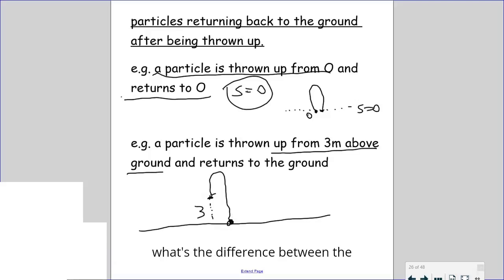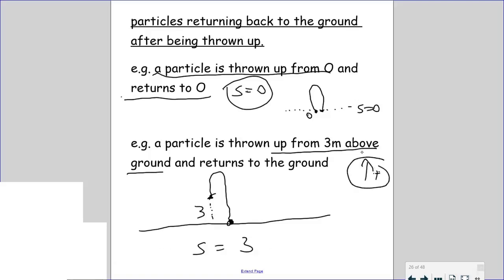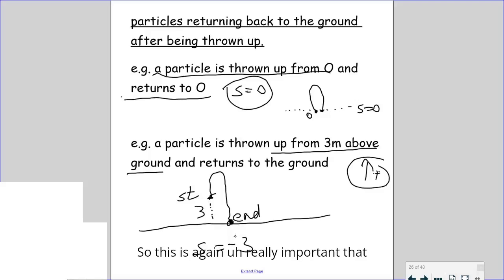What's the difference between the starting point and the ending point? Obviously, it's 3. We also need to be careful of the sign. So again, assuming that upwards is positive for the whole question, the start is here, and the end is here. Because the ending point is below the starting point, your S will be -3. So this is again really important that you model these situations correctly. We'll get more used to this when we practice questions next.